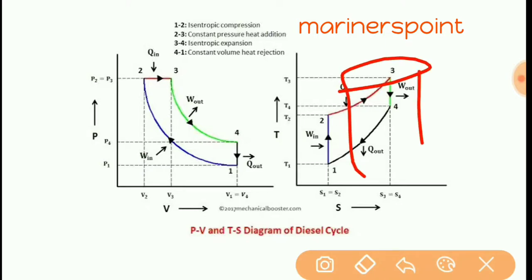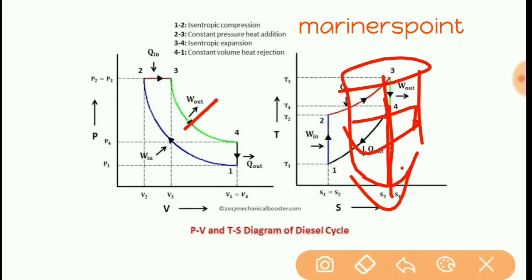After that, 3 to 4. When combustion takes place, the air will expand, and due to expansion the piston will go down. That is 3 to 4. In the first case we are compressing the air, providing work, and now work is out because due to expansion the piston moves down. That is work out and isentropic expansion.